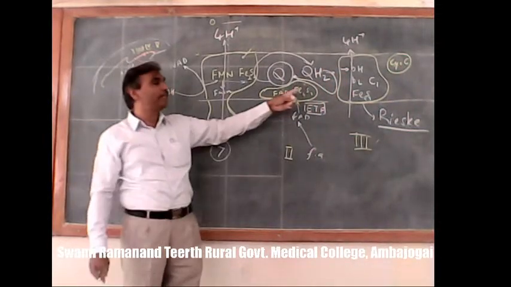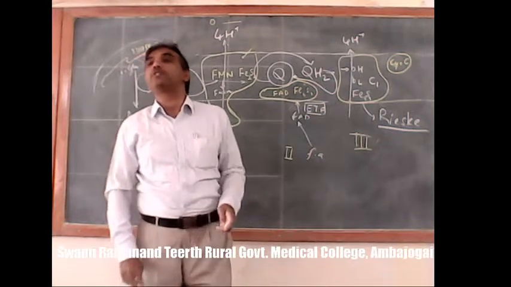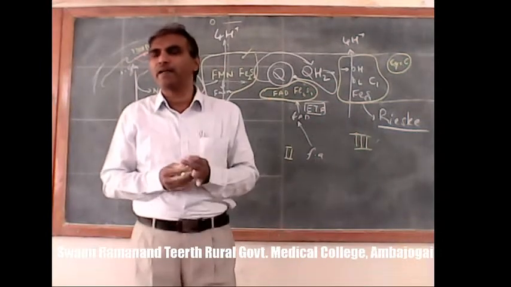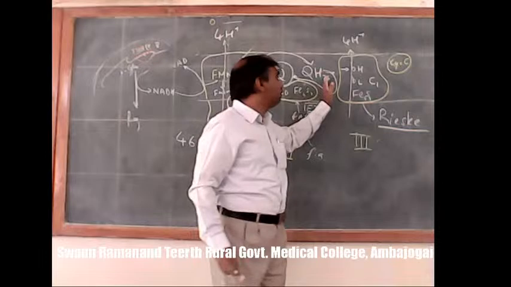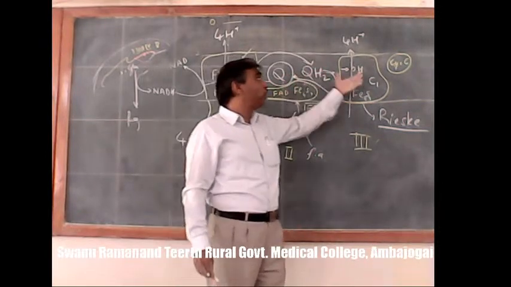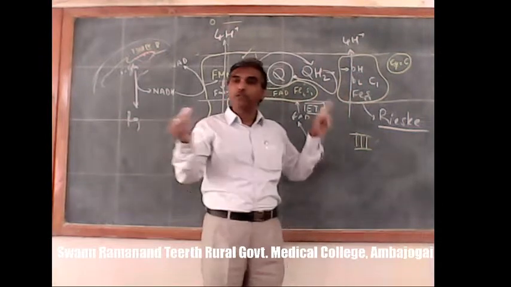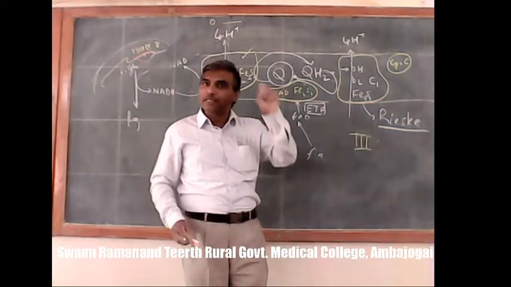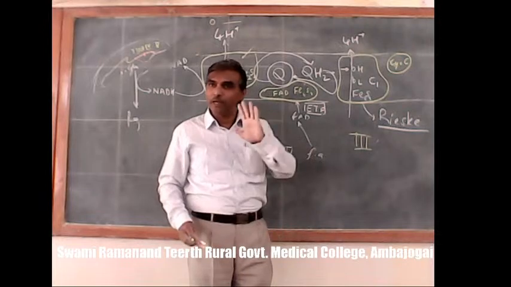And this is done with the help of what is called the Q cycle. You just remember Q cycle. Up to here we have 2 electrons and 2 protons. From here onwards, each cytochrome, as we saw last time, accepts 1 electron at a time.